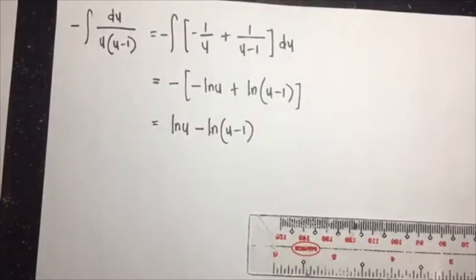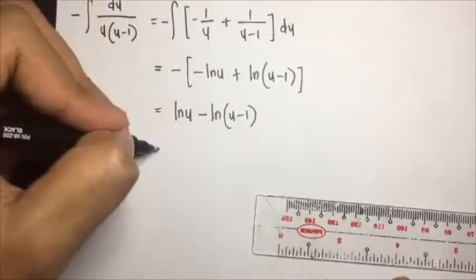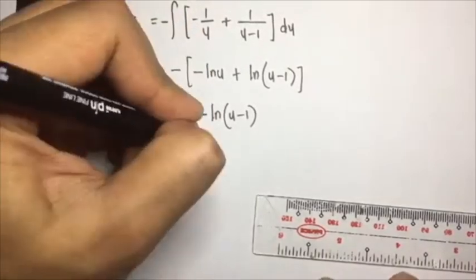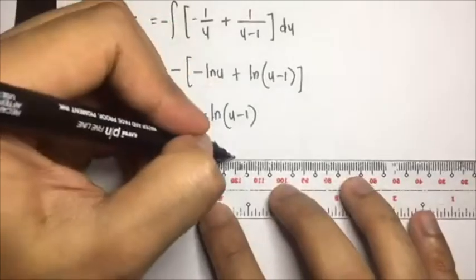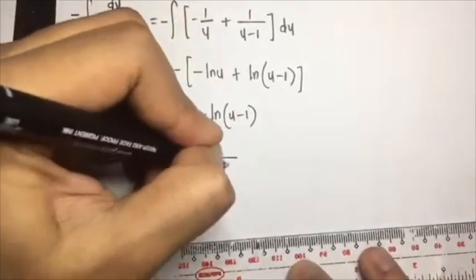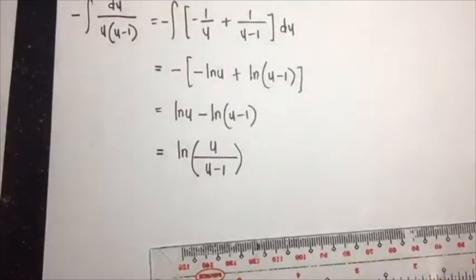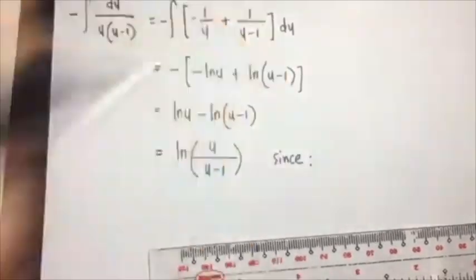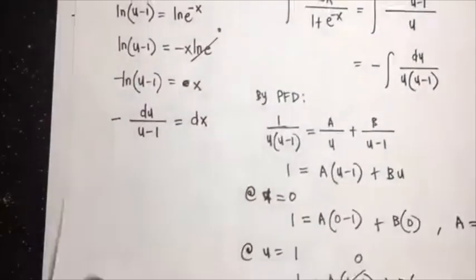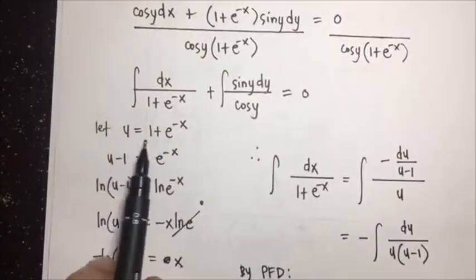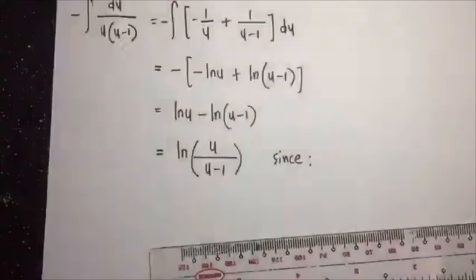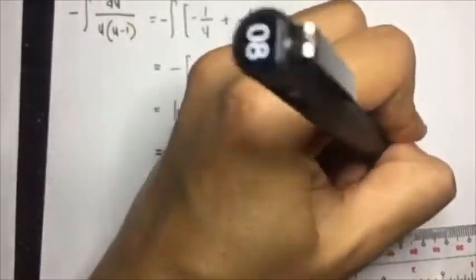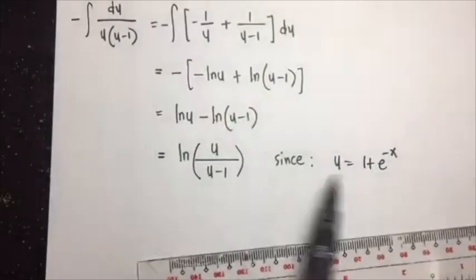Or we can apply the quotient rule of logarithm, so this will become ln of u over u minus 1. From our substitution earlier, we have u is equal to 1 plus e to the negative x, so we must substitute that back.